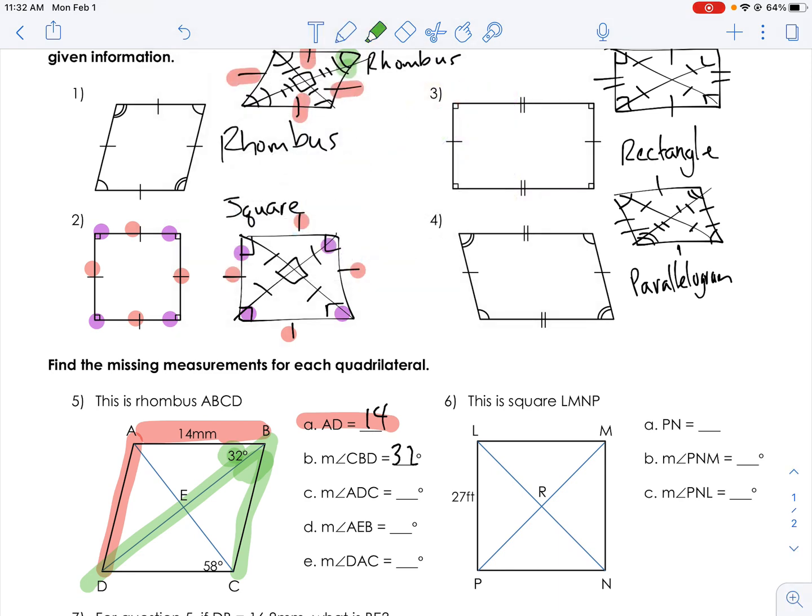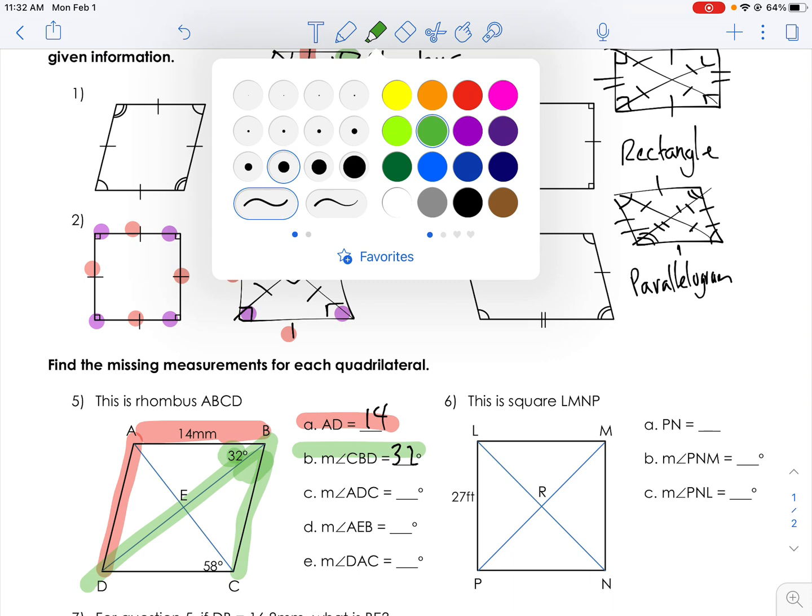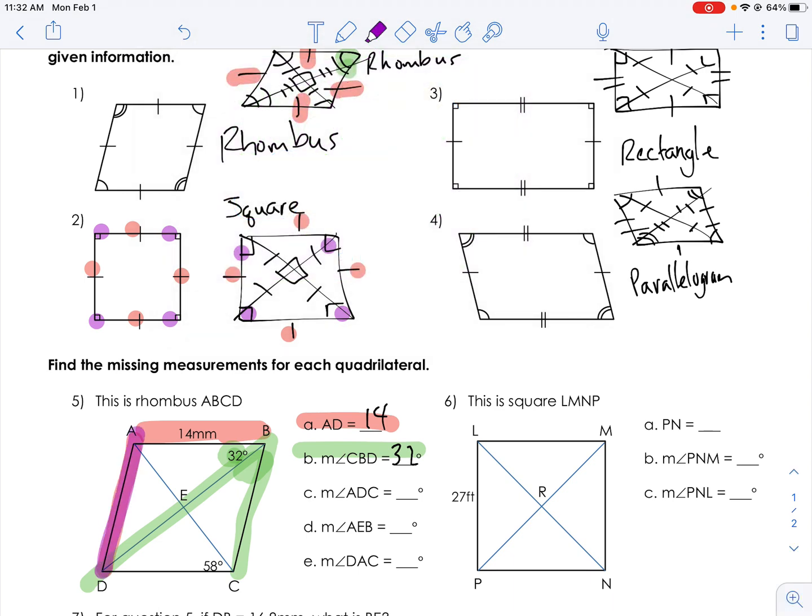We then need to find ADC. So that's this whole angle right here. But notice that's the same marks as this. This is 32, 32. So this whole thing is 64, which makes this whole thing 64.